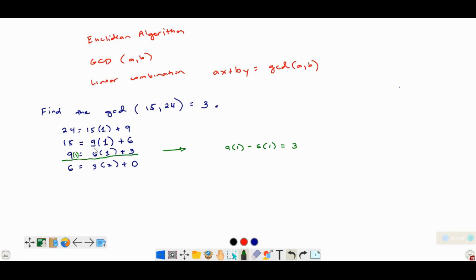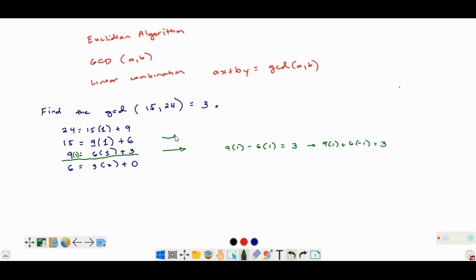Using the addition property of equality, we are going to transfer this term here, 6 times 1, to the left side. So kaya siya naging minus 6 times 1. But, since we are looking for ax plus by is equal to the GCD AB, we are going to change this into plus. So we have here 9 times 1 plus 6 times negative 1 is equal to 3. Okay?